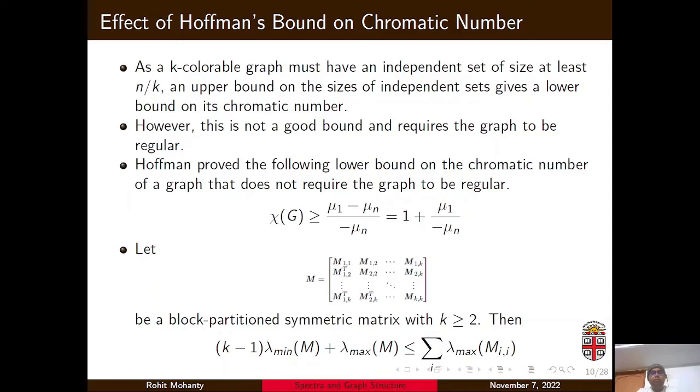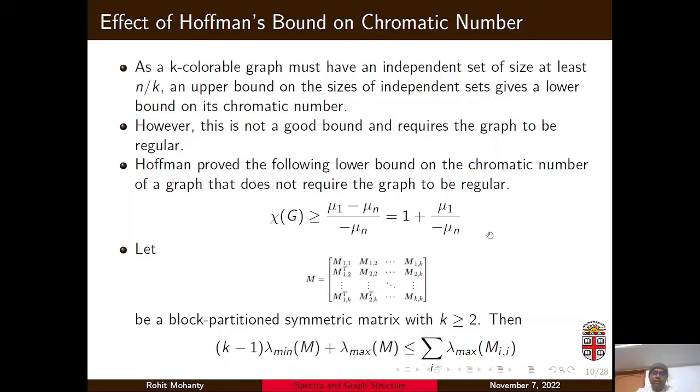But Hoffman proved the following lower bound on the chromatic number of a graph, and that does not require the graph to be regular. That bound was chi G is greater than or equal to mu1 minus mu1 upon negative of mu1, which is equal to 1 plus mu1 upon negative of mu1. Now this gives us a lower bound on the chromatic number of any graph.